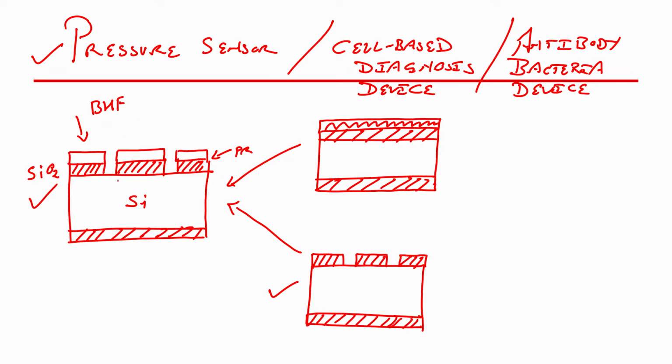When I dip this wafer in BHF, the silicon dioxide from this region would get etched. Then I will dip this wafer in acetone, the photoresist will get removed and I will be able to get this pattern.